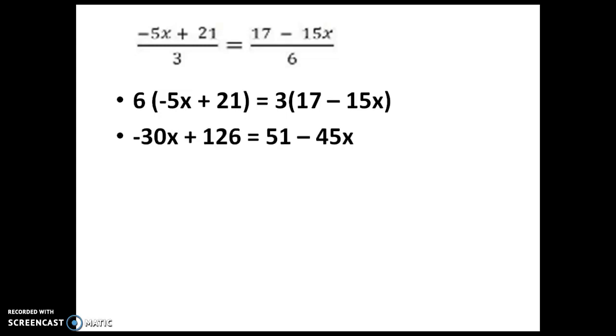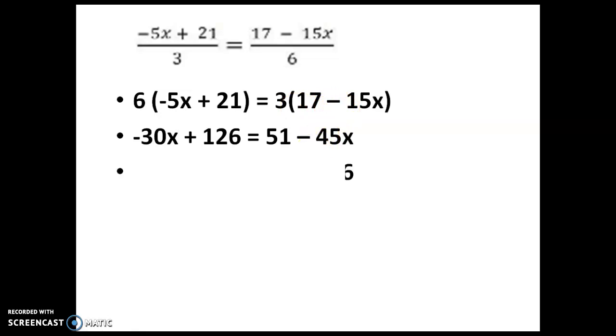Then remove the bracket, which means you multiply the number outside the bracket with the numbers inside. So 6 into minus 5 is minus 30, 6 into 21 is 126. Then on the RHS, 3 into 17 is 51, and 3 into minus 15 is minus 45.